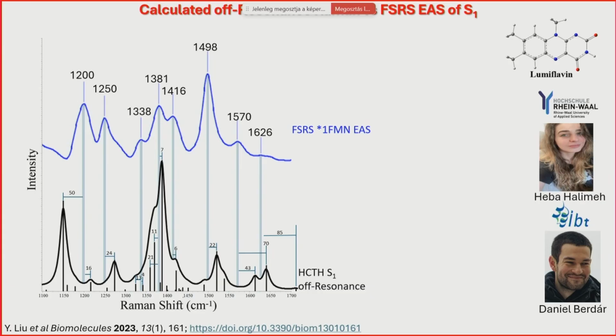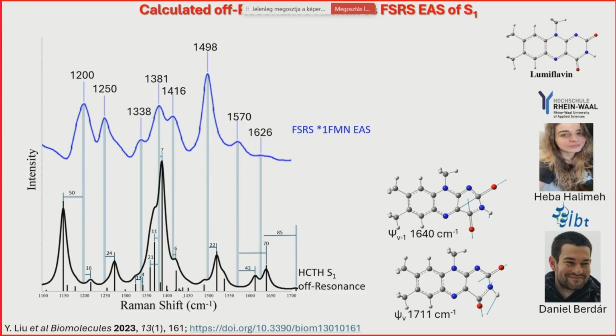We see that many bands can be associated to one experimental band, such as these two bands to 1570, and the band at 1711 associated to the experimental band at 1626. You expect this, of course, the asymmetric band to be less Raman active than the symmetric stretch.